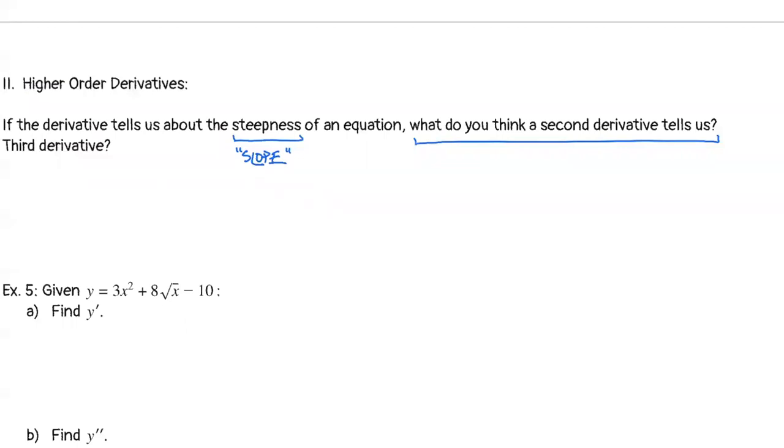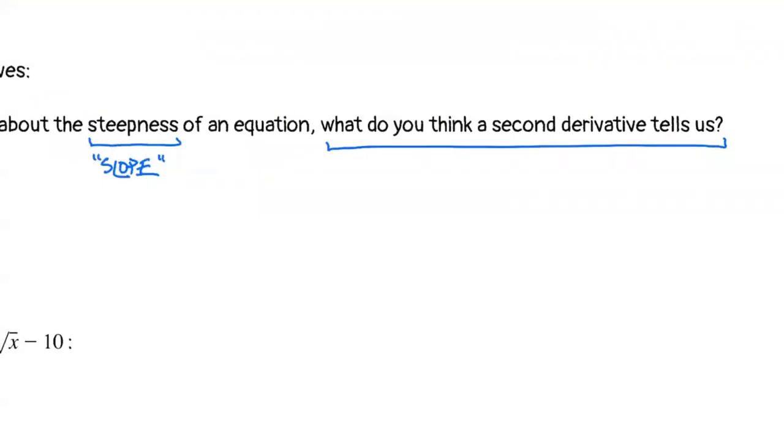Right, so maybe the second derivative tells us about the slope of the first derivative. And it turns out that that is indeed correct. It tells us about the slope, but it tells us about the slope of the first derivative, okay?